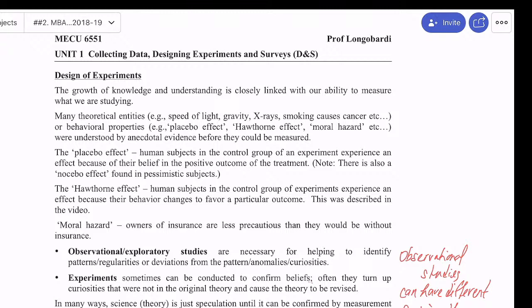That's different anyway. The Hawthorne Effect, the idea of humans changing their behavior, is different from the placebo effect. Placebo effect is not a behavior change.